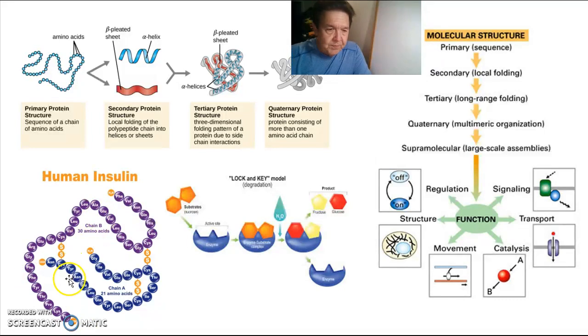Let's continue with an example of human insulin. As you can see here, it's very important because it regulates the level of glucose in blood. Also, another important function is enzymes.